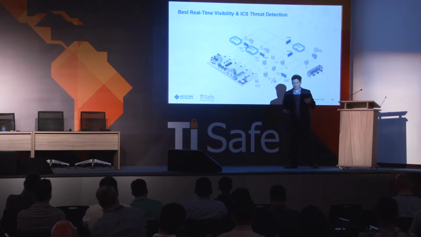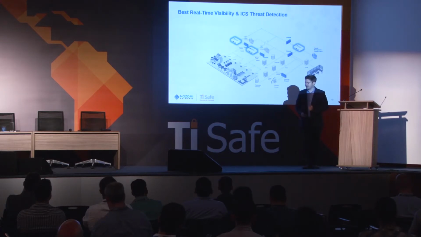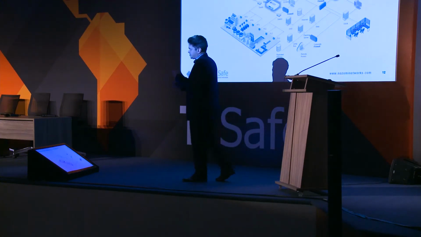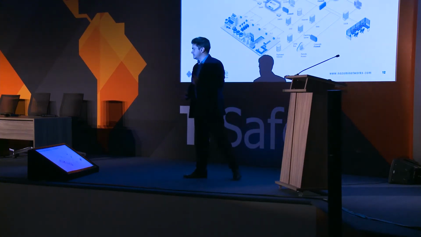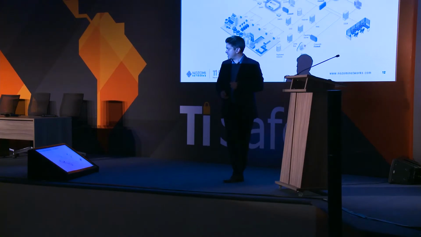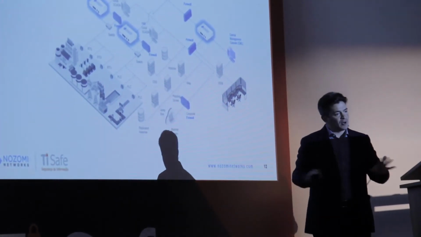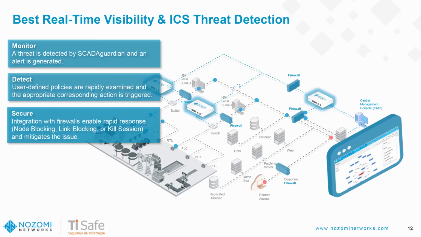Let's do an example. So first, we start with visibility. Some connections happen between your control center and your devices. Some connections happen locally in a plant, and so forth. Some connections actually happen from the outside, and you want to be able to detect and learn about all the different connections that are happening in your network and some of the connections that happen from the outside, whether they're authorized or whether they need to be addressed or blocked.